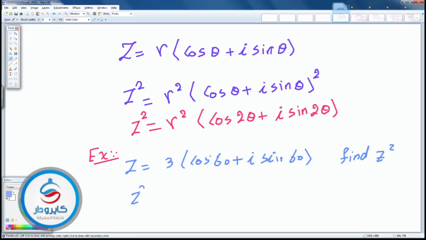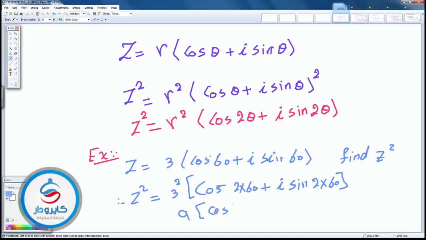So z power 2 equals 3 power 2 cosine 2 times 60 plus I sine 2 times 60. It will be 9 cosine 120 plus I sine 120.